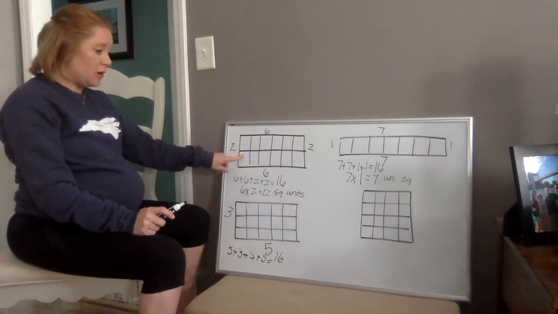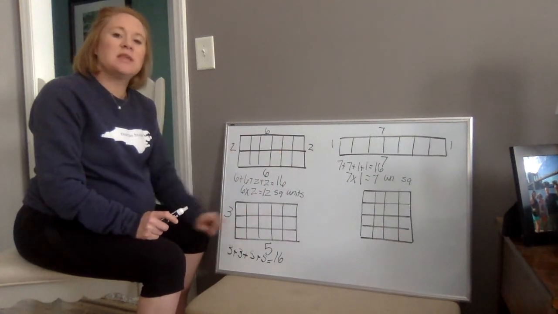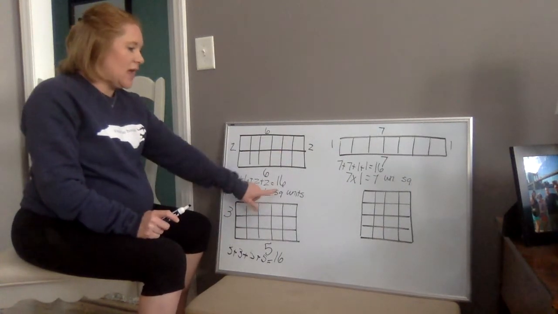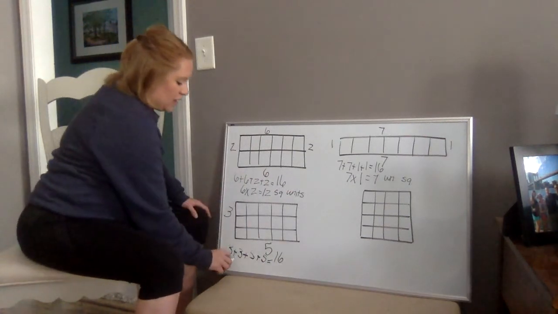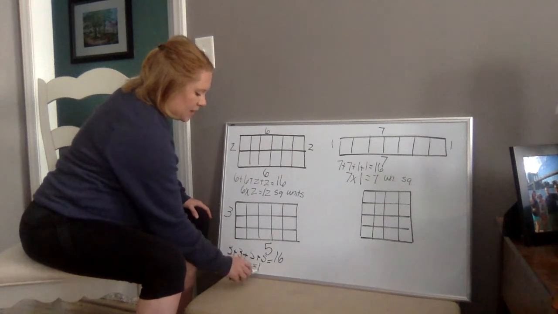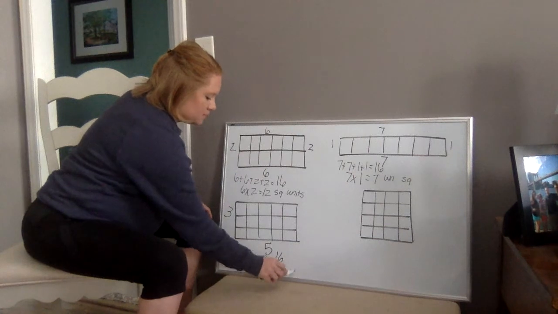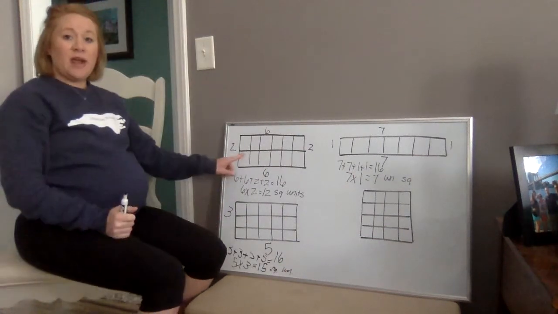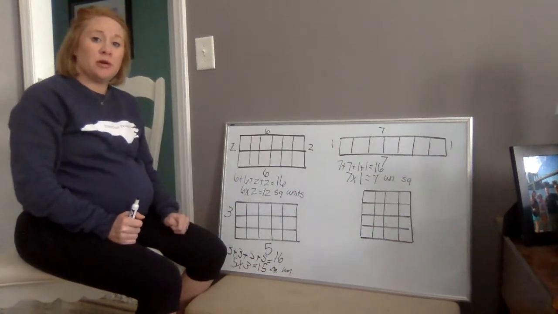Just like the perimeter of these are 16, so is the perimeter of this one. Let's see if the area is the same as either one of these. We know area is the length times the width, so 5 times 3 equals 15 square units or units squared. So a different area for all three of these, but they have the same perimeters.